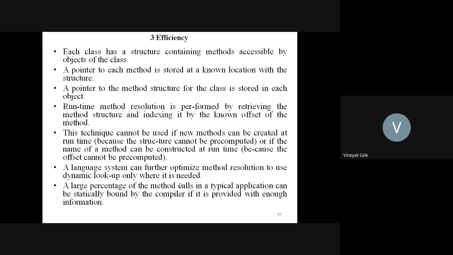Runtime method resolution is performed by retrieving the method structure and indexing it by the known offset of the method. And this technique cannot be used if new methods can be created at runtime or if the name of a method can be constructed at runtime because the offset cannot be pre-computed.